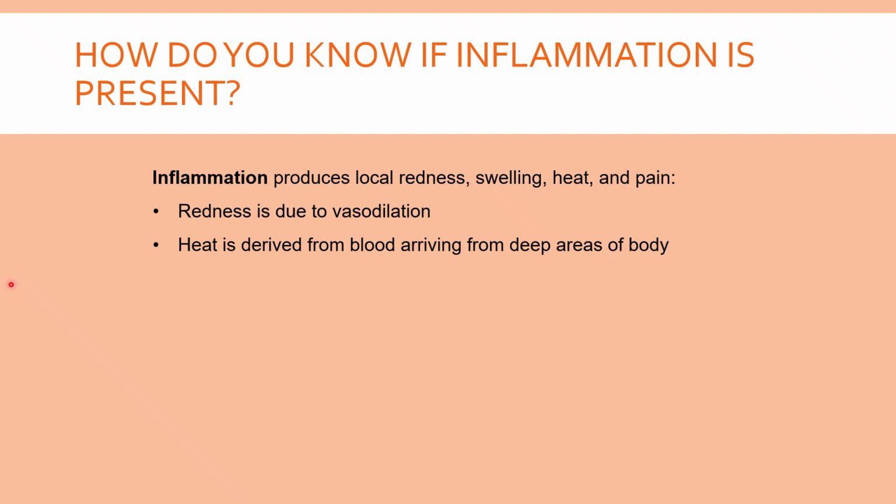Histamine is going to cause vasodilation, and vasodilation leads to the redness that we see. What happens when the capillaries in smaller blood vessels expand and vasodilate, we have an influx of blood, and so we see the color change due to that.